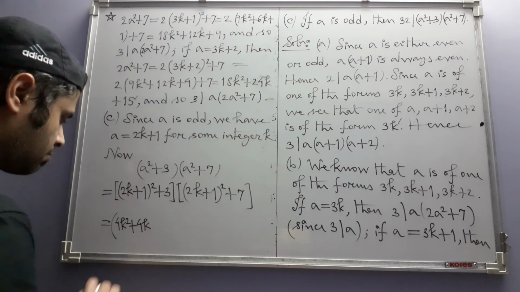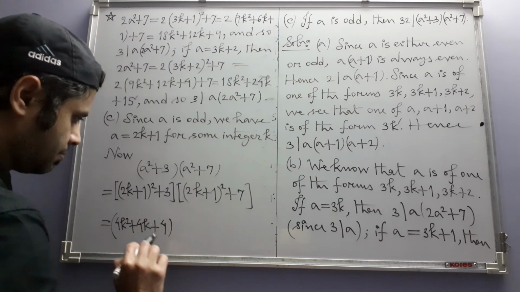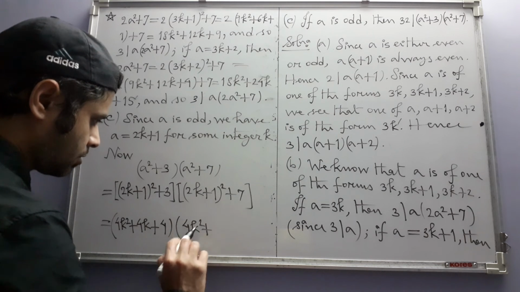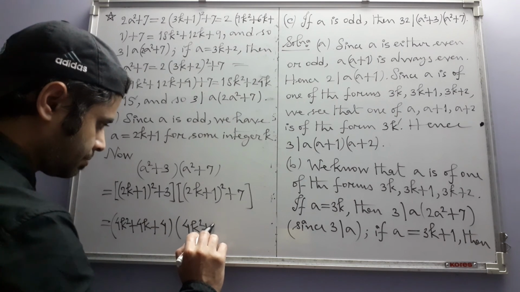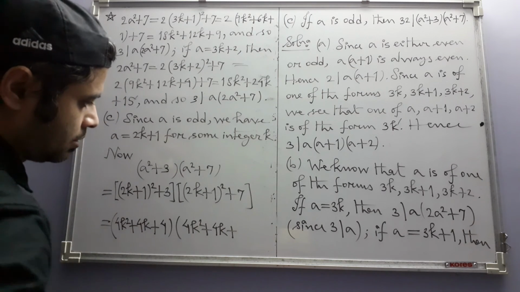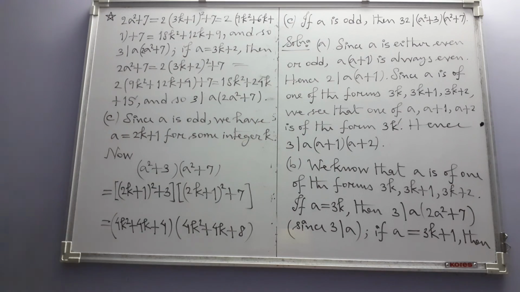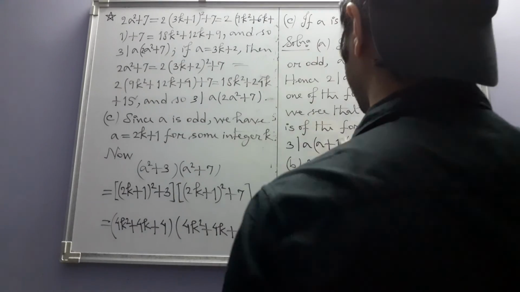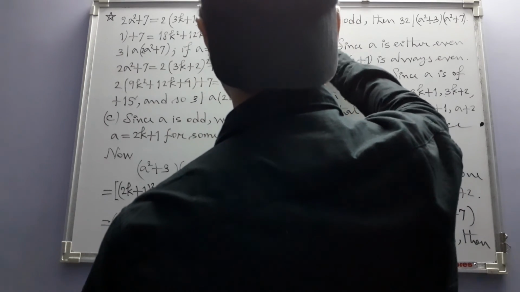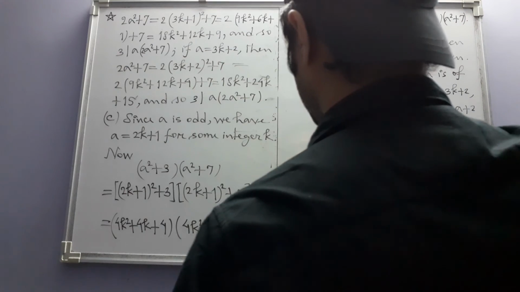Four k square plus 4k plus 1 plus 3, 4 times 4k square plus again 4k plus 1 plus 7 is 8. And in this case we have to prove that this integer is divisible by 32.